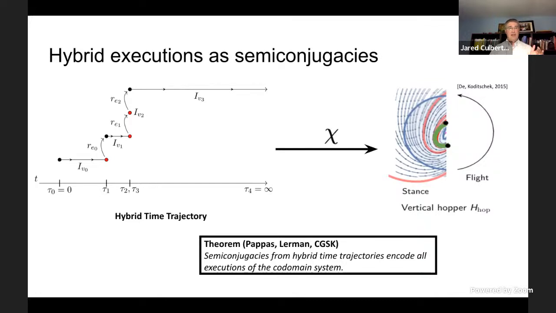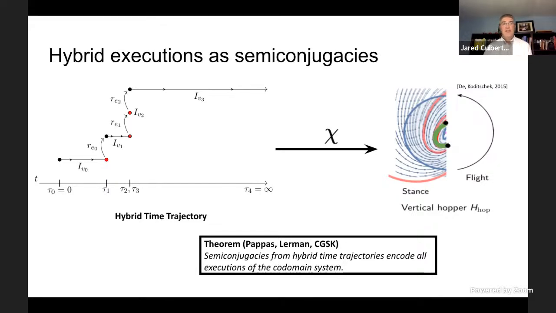So this is a 5-node graph with just single edges between each of the nodes, which encodes that trajectory as a hybrid system. Looking at a semiconjugacy of that hybrid system into a given compatible hybrid system enables us to encode all of the executions of the codomain system. And so this is a way of thinking about executions of any hybrid system just as Hom sets in this category.